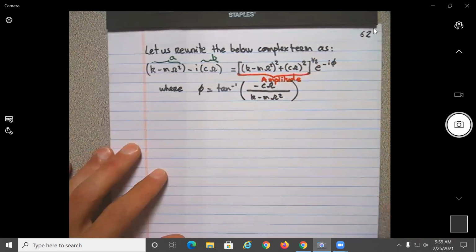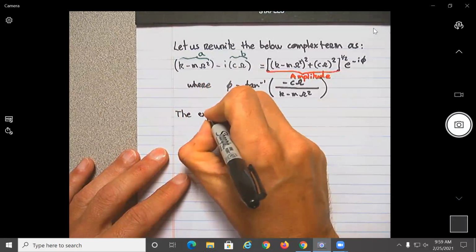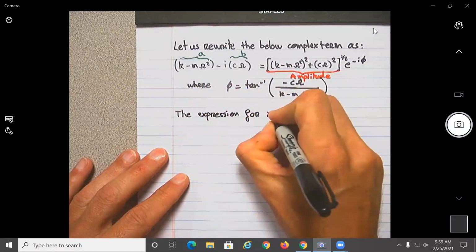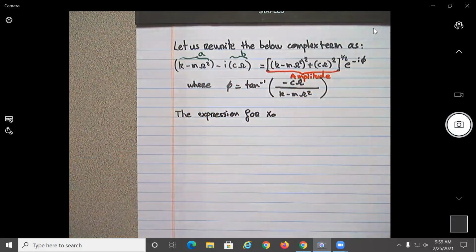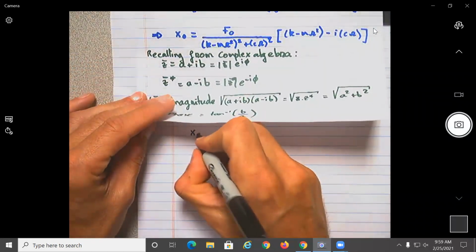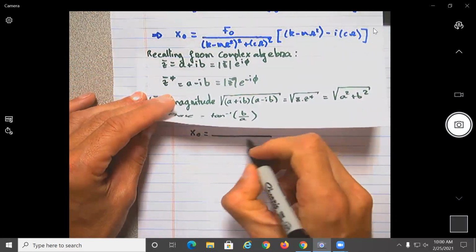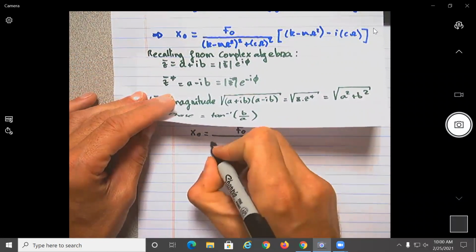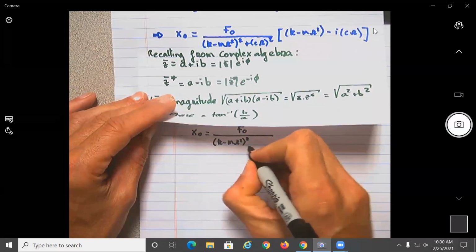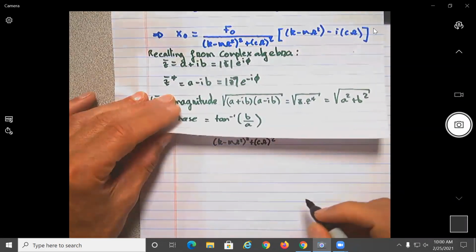Okay. So the expression for x sub naught that we had on the previous page, this one here, will become what? So we had x sub naught equal to f sub naught over k minus m omega square plus c omega square.